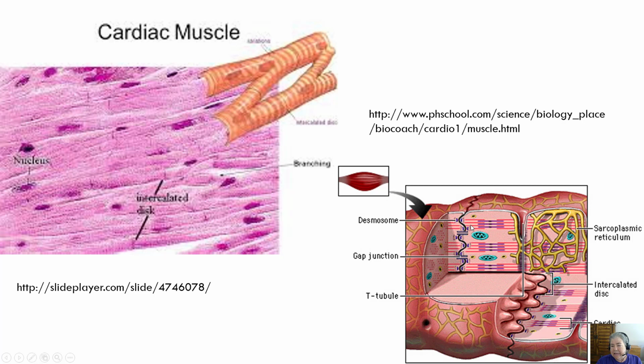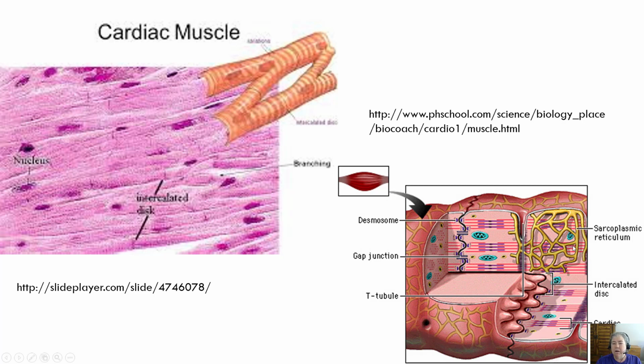You can see the fibers of actin and myosin that are interacting to allow the contraction and relaxation of the muscle. Within myocytes, and this is smooth muscle, skeletal muscle, and cardiac muscle, what we would call endoplasmic reticulum in other cells is called sarcoplasmic reticulum.